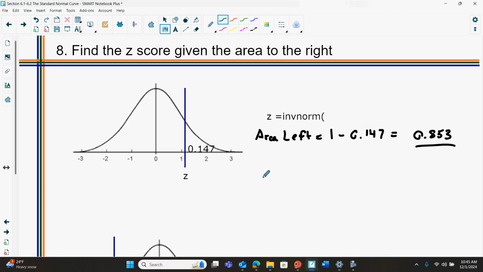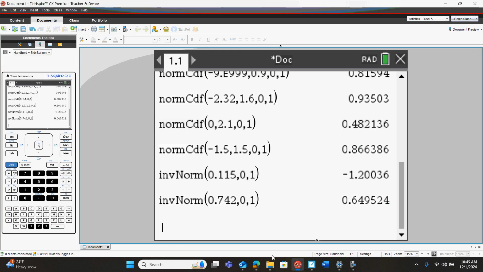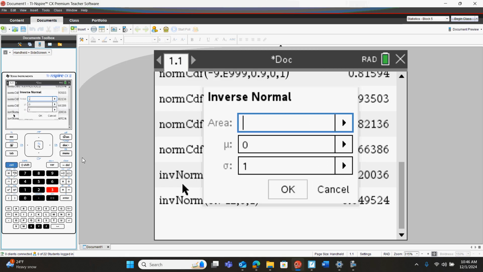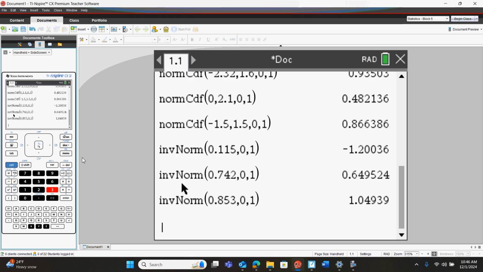That's this area to the left, which now we'll be able to calculate with. So z equals inverse norm 0.853, 0, 1, which can be put into the calculator here. Menu 553, 0.853. That's going to give us a z-score of 1.05, because of rounding.